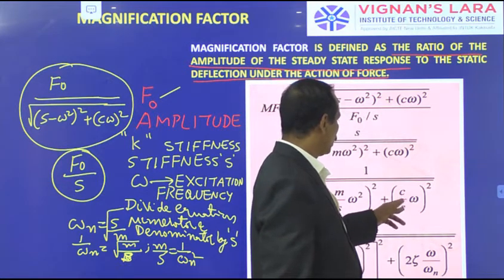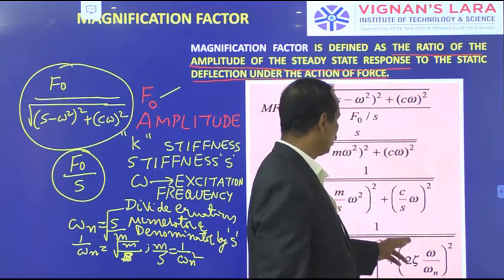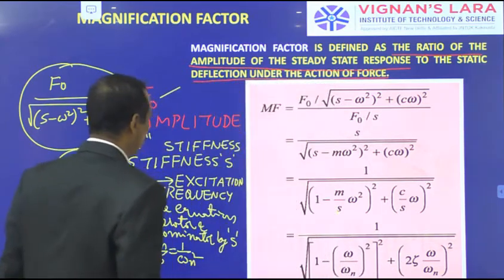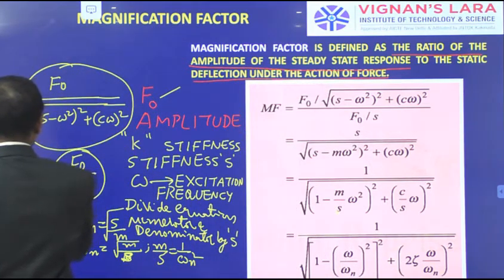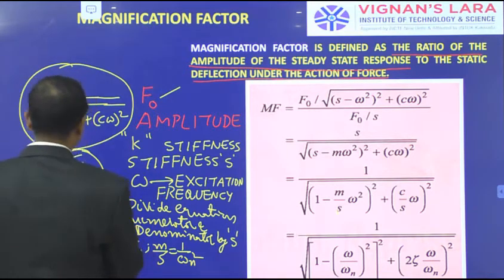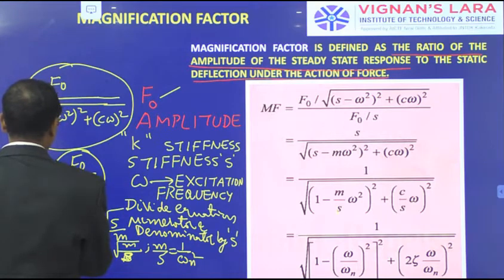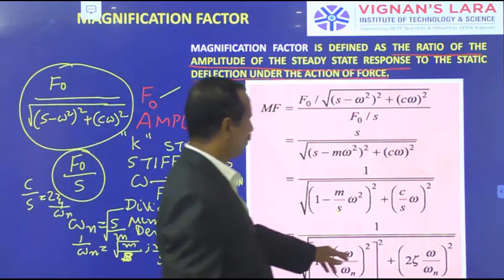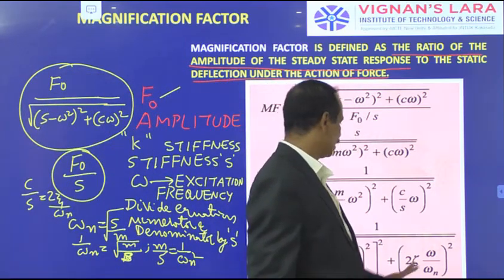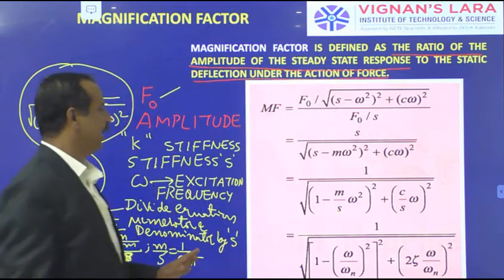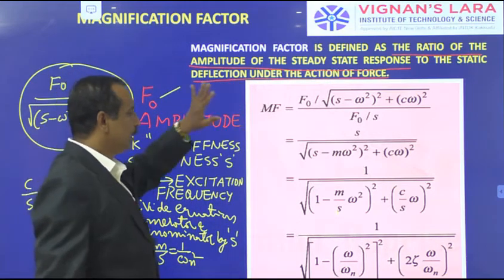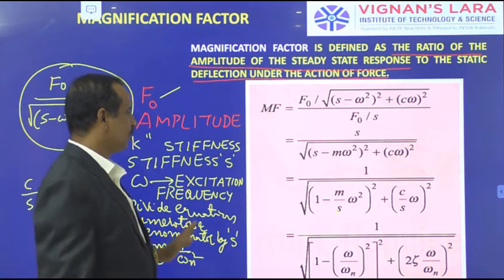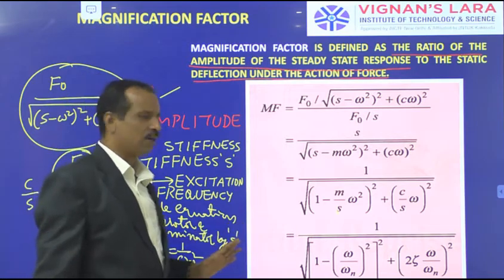We know c by s can be written as 2 zeta by omega n, from the earlier concepts we obtained in damped vibration. That is replaced here, so ultimately I got the equation in terms of the natural frequency and the applied frequency.